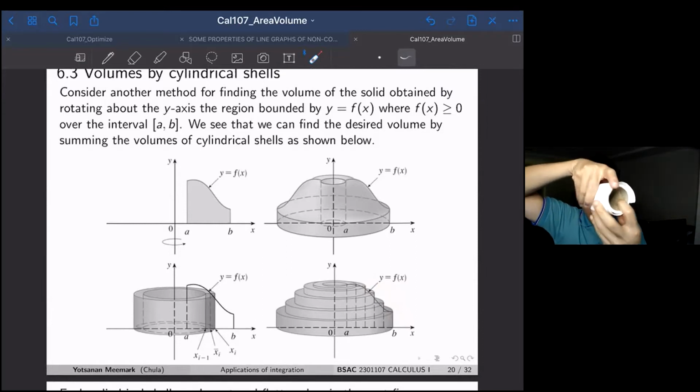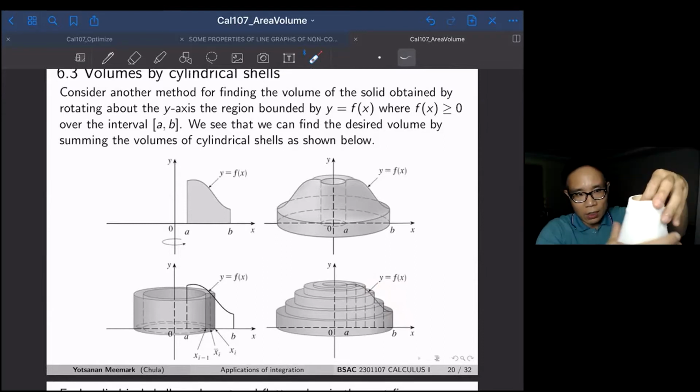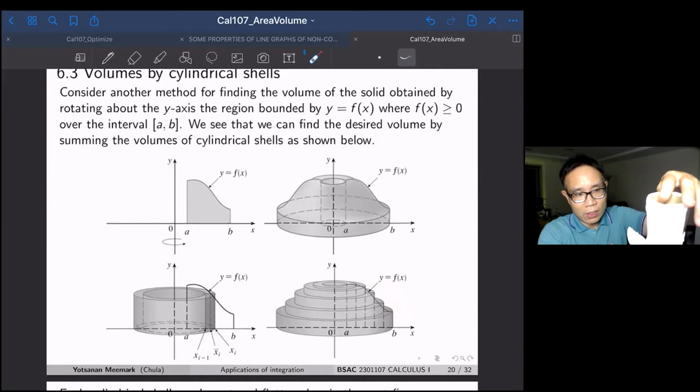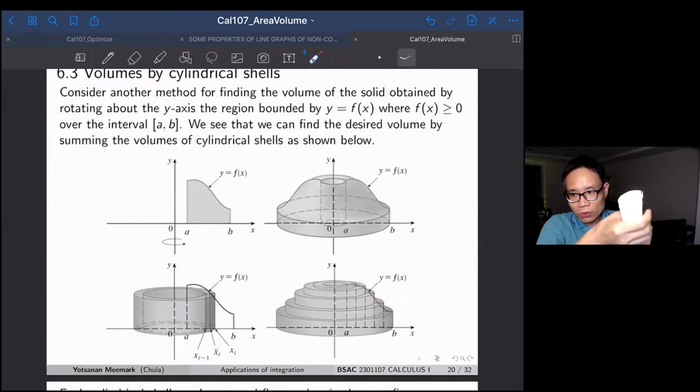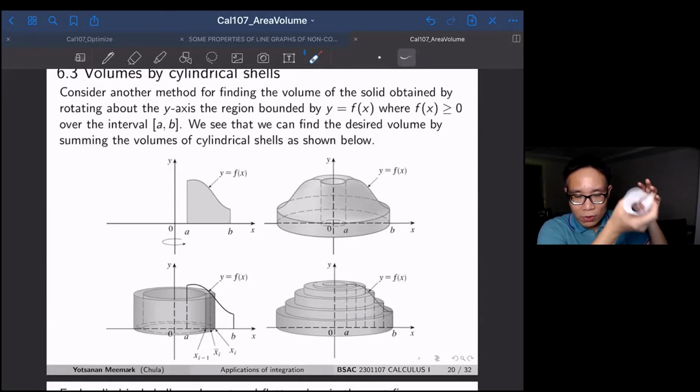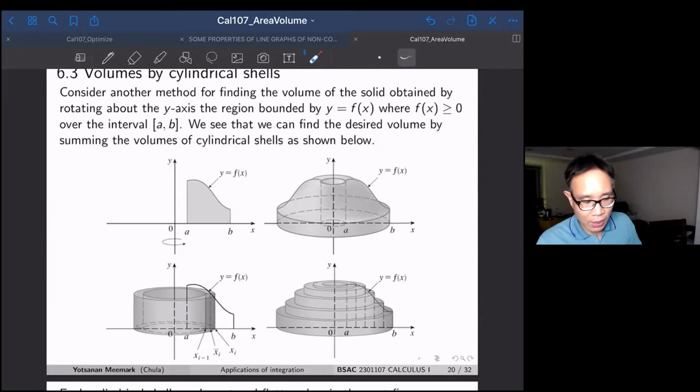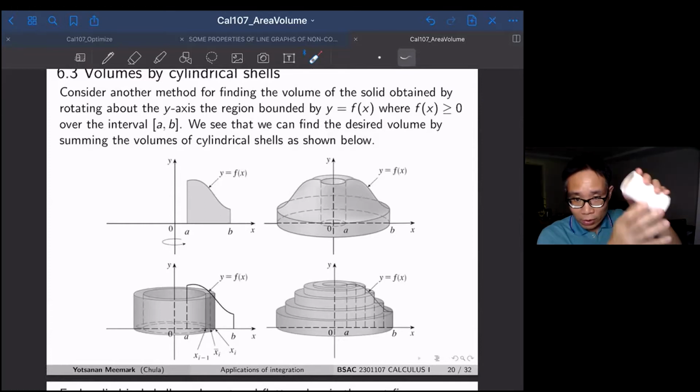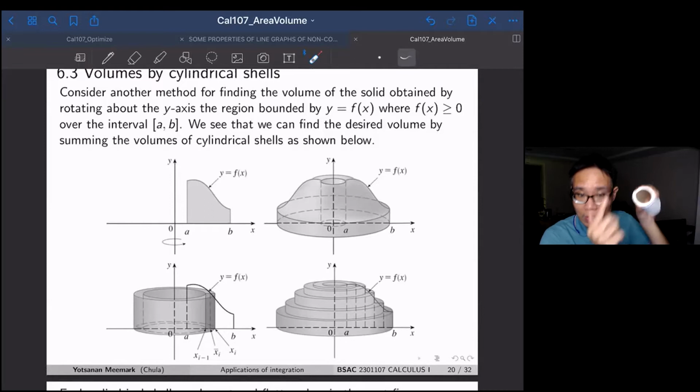When you take out the shell, you get the thing called a cylinder like this. This one is called the cylindrical shell. And if you sum the cylindrical shells up, you'll be able to compute the volume that you are looking for.